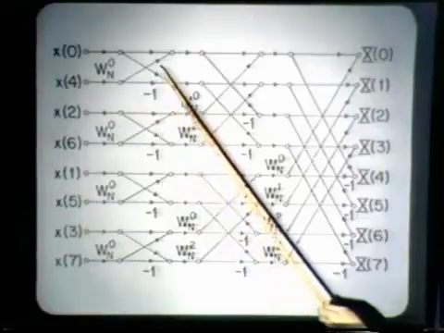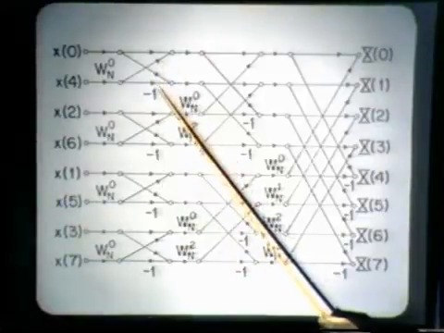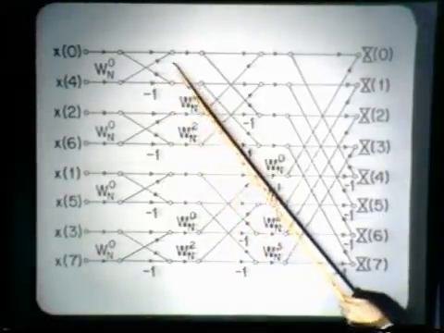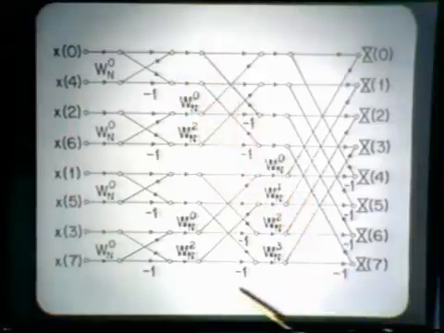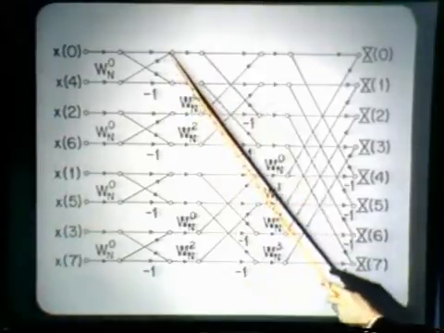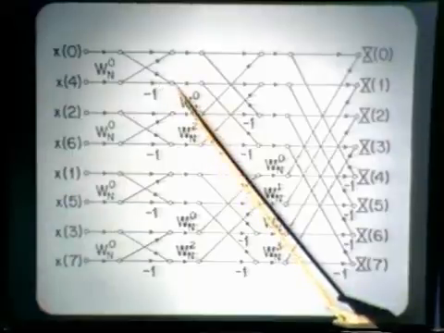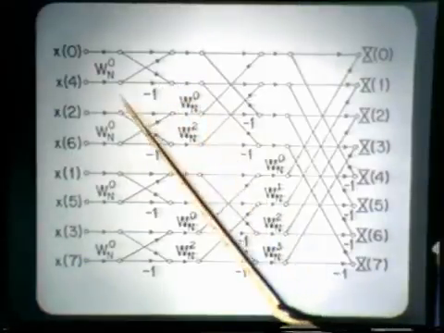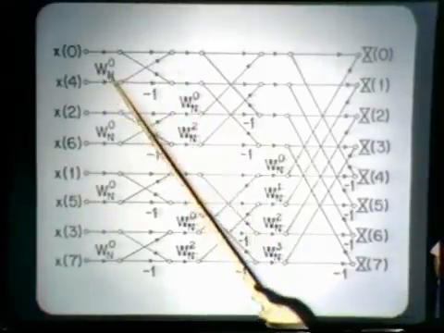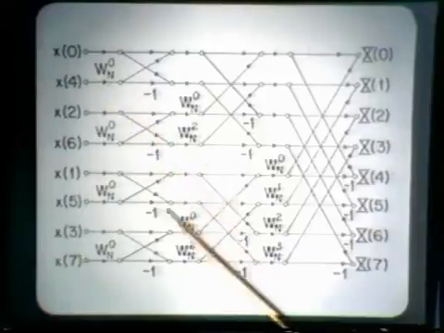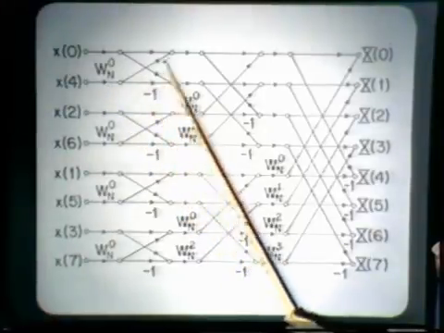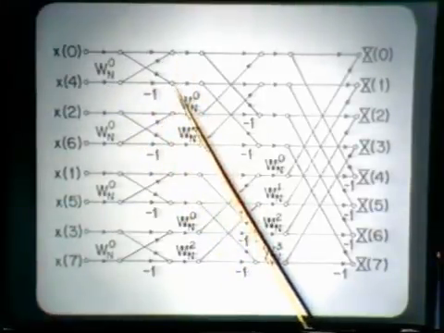And we now have, rather than multiplication by powers of W in the butterfly, each butterfly computation consisting of an addition and a subtraction. So the basic computation now is a multiplication by a power of W followed by an addition and a subtraction.